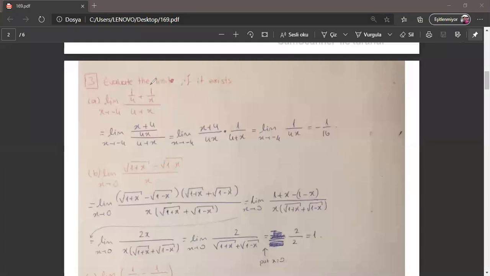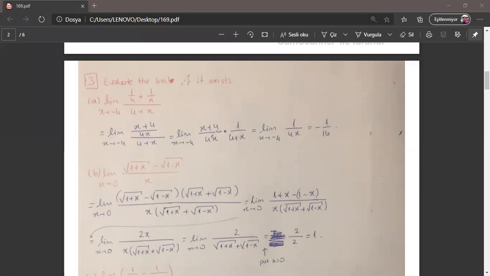Now we evaluate the limit of the given function. We first multiply this one by x and this one by 4. Here we have x plus 4 over 4x, and we already had the denominator 4 plus x.